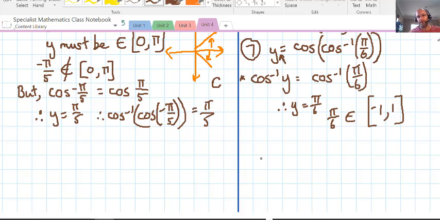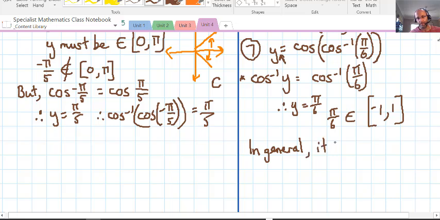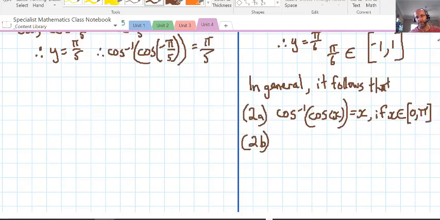Now, in general, these two results will follow. Based on the two examples we've just looked at, I drew attention to the other one, and this is the opposite case here.